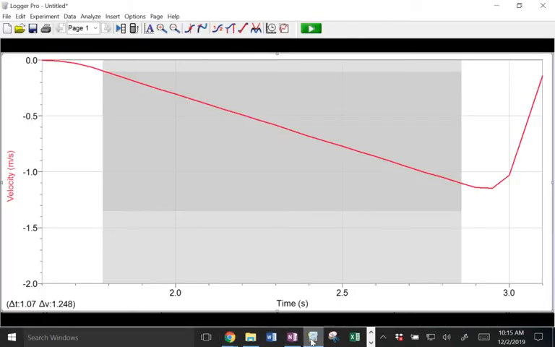The acceleration versus time graph should agree with your description of the slope here. So take a moment, run it by your neighbor, but what words would you use to describe the slope of this red line?